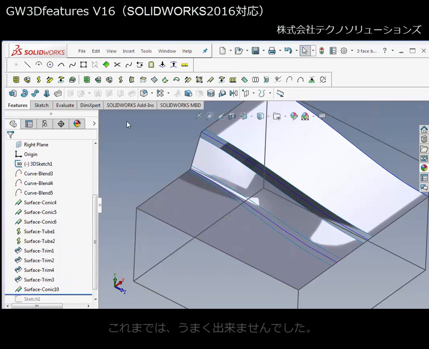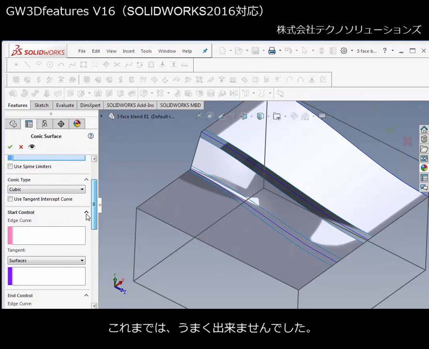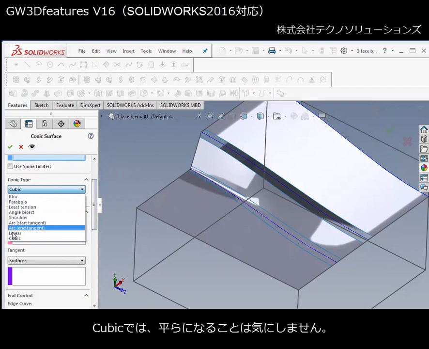Conic surfaces do not perform well in this environment. The cubic is tolerant. It really doesn't care if it goes flat or not.